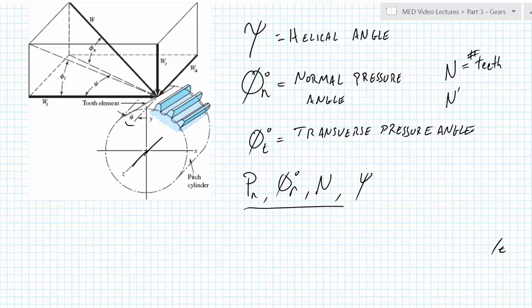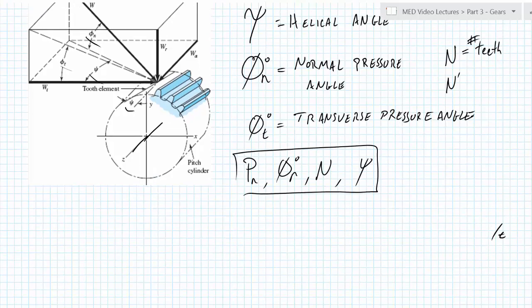Those are the types of things that you'll typically see in a catalog, and that's what we'll have to work with. However, to understand how the forces are transmitted across this gear, we'll have to understand the relationship between the normal and tangential, or transverse. There's a little bit of trigonometry involved here.